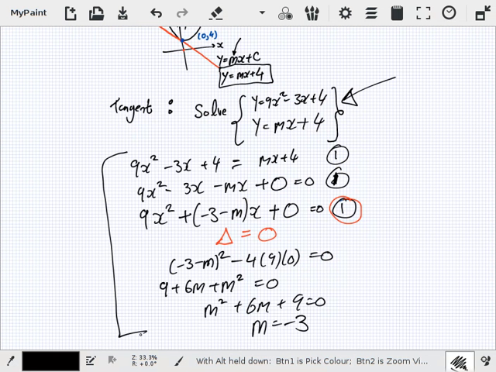Is it a coincidence that they both have minus 3x? Good question. Is it a coincidence that it's minus 3? The quadratic had a minus 3x. Yeah, that is a coincidence actually.